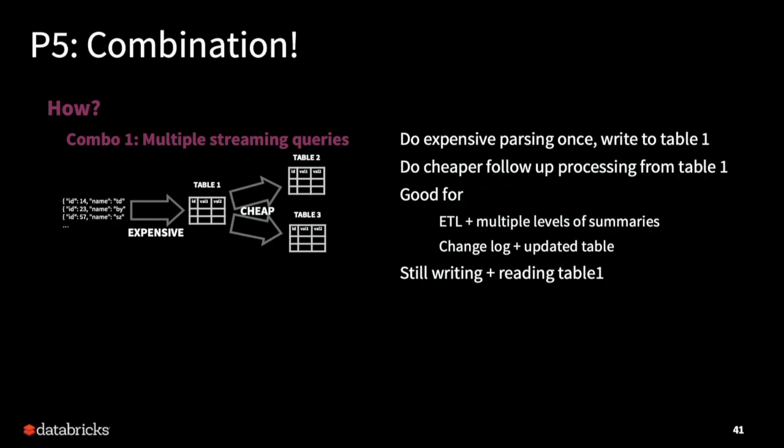And there, if you store table 1 in the right format, like Parquet, Delta, etc., partition pruning and column pruning, all the columnar format advantages can make it significantly cheaper if you take care of doing the expensive step only once in the first. This is good for doing an ETL of cleaning up the data, parsing it, and then doing multi-level summaries down as a second step, or you want to capture both the change log as well as the update table.